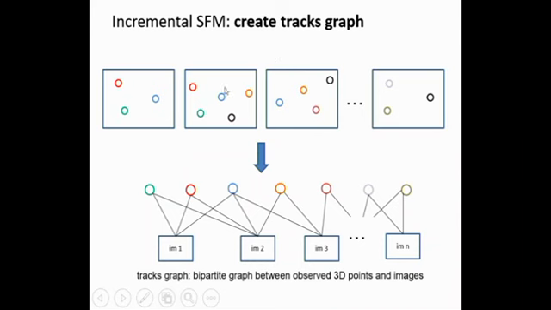Like this green point corresponds to some 3D point or set of points that is seen by both of these images. So I've got 2D observations of this 3D point in this image and 2D observations in this image. Because they match, I'll assume that they correspond to the same 3D point.